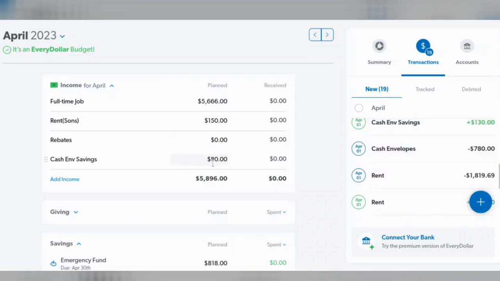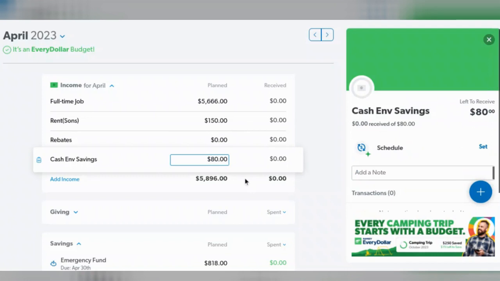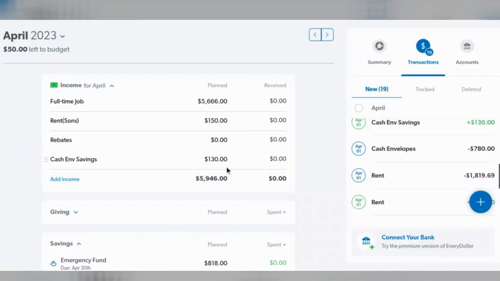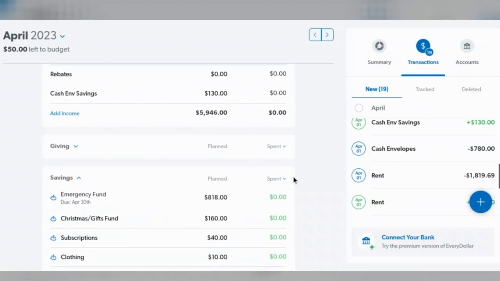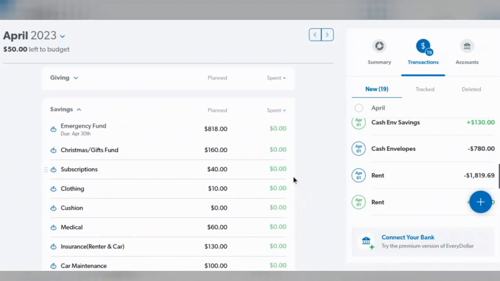Okay, 130 is what I'll be getting for my cash envelopes as part of the savings. And so that just kind of offsets what I have to take out of the bank for my cash envelopes.